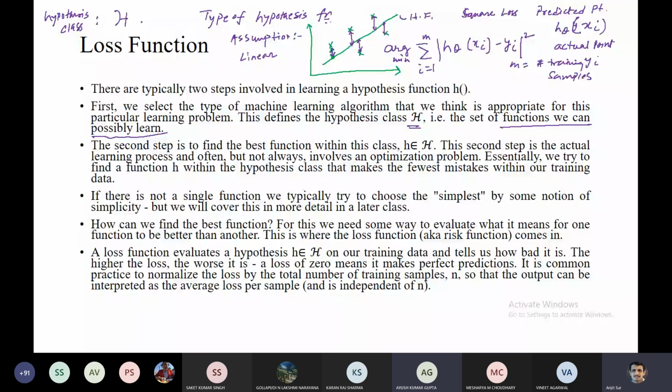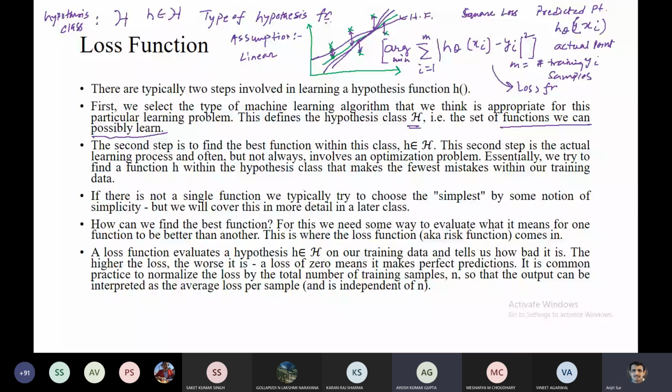Our hypothesis function h belongs to this H. Now there are different kinds of functions possible, and which of these hypothesis functions we are going to choose is driven by a function called the loss function.